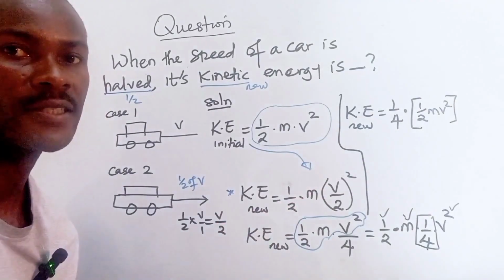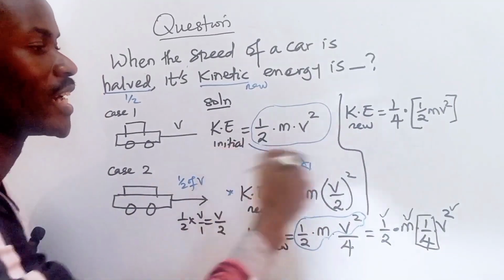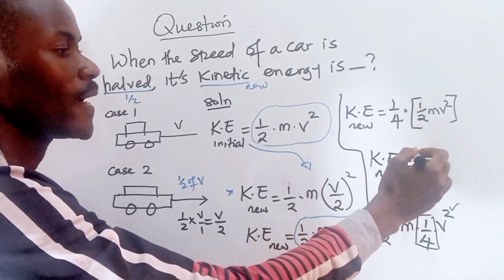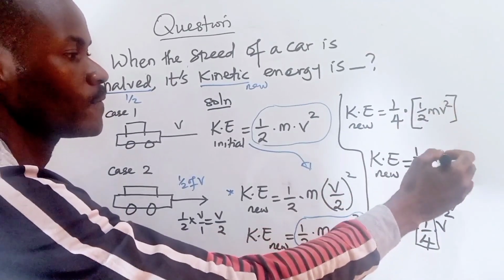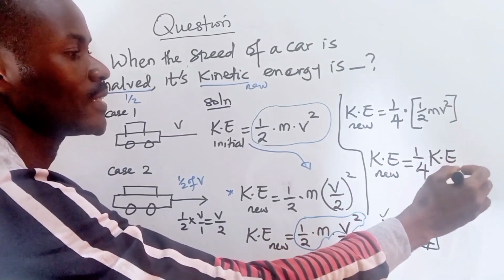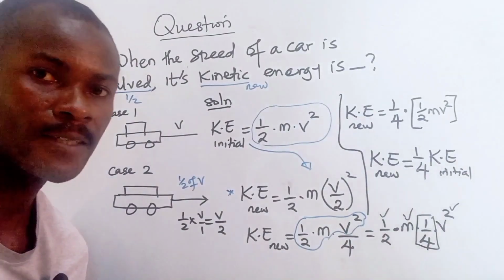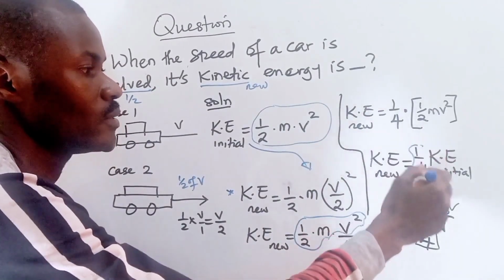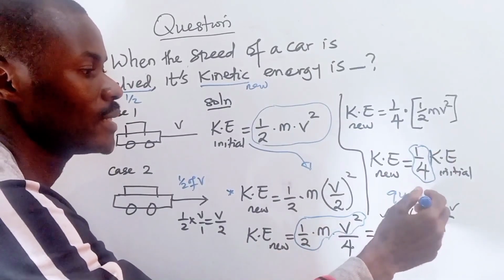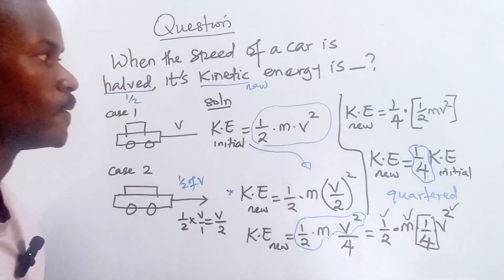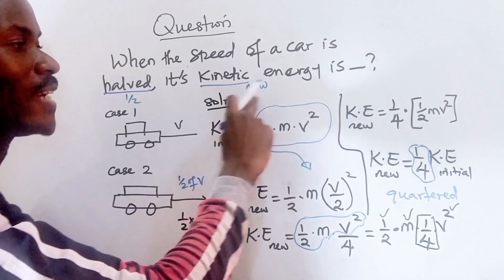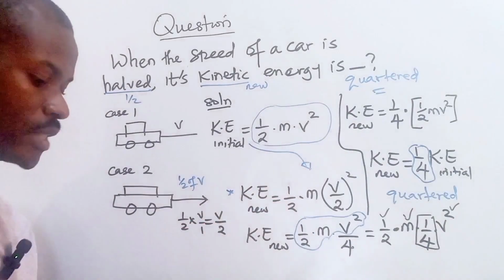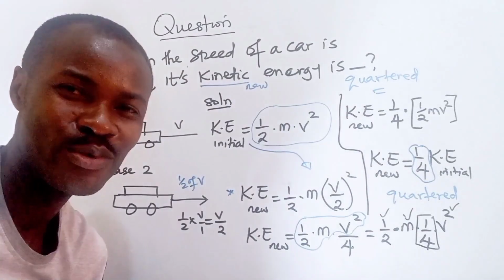So the relationship between the new and the initial kinetic energy is: KE new is 1/4 of the initial kinetic energy. Since the new kinetic energy is 1/4, it means the kinetic energy in this question is quartered.